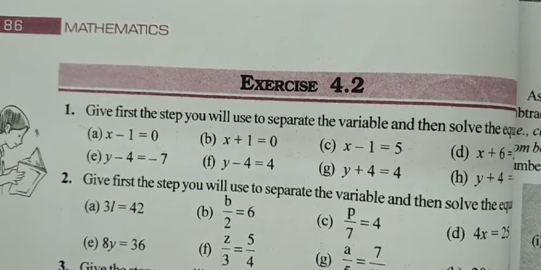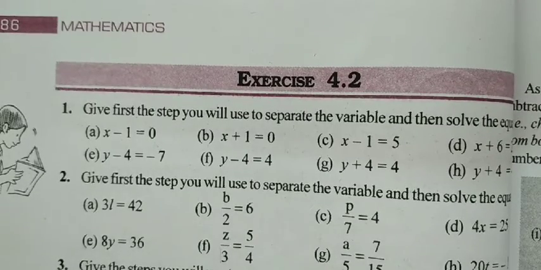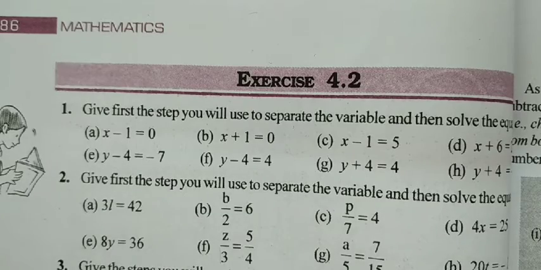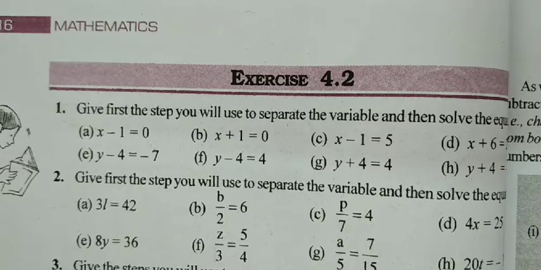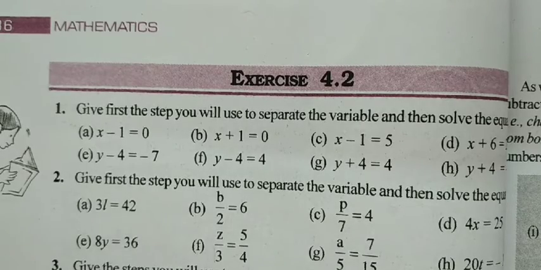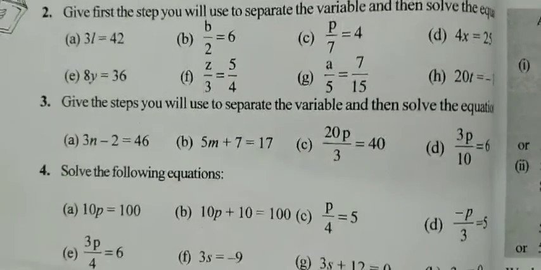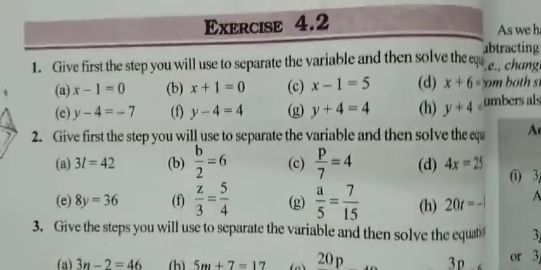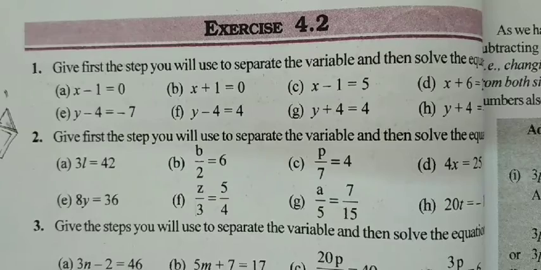I will show you the first method because exercise 4.2 is to be done strictly following the first method, because it's already given. Give first the step you will use to separate the variable and then solve the equation. You can see there are 4 different questions. Okay, and so we start.